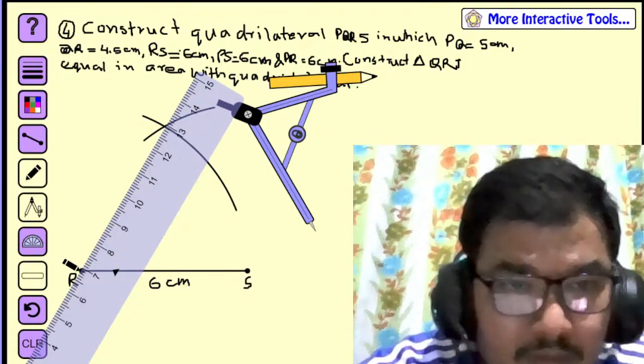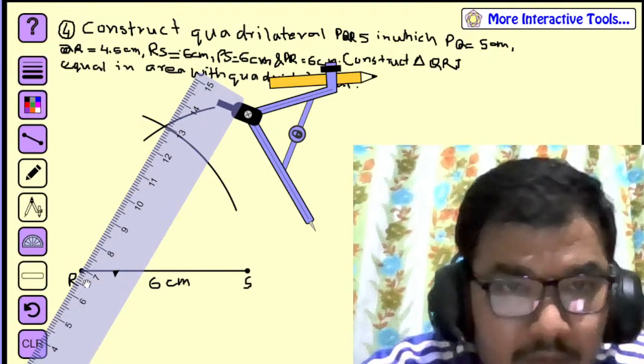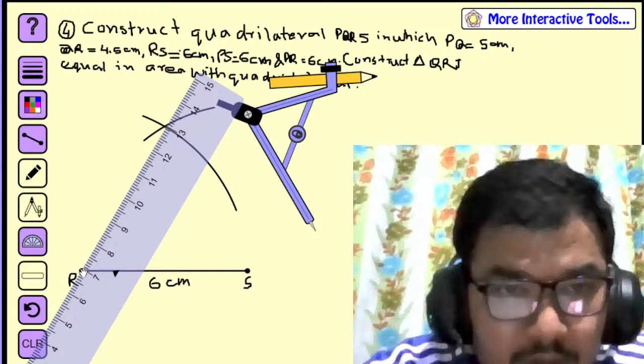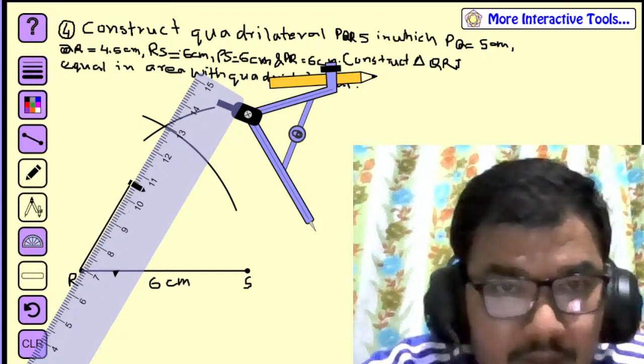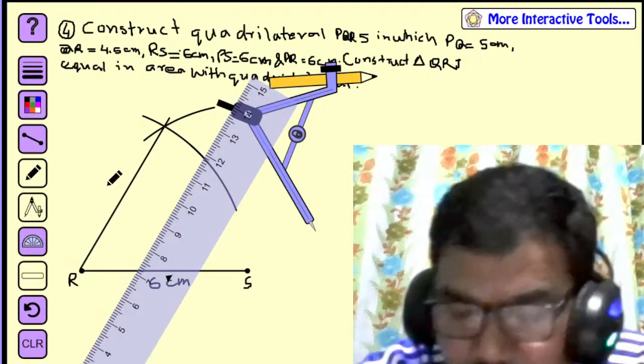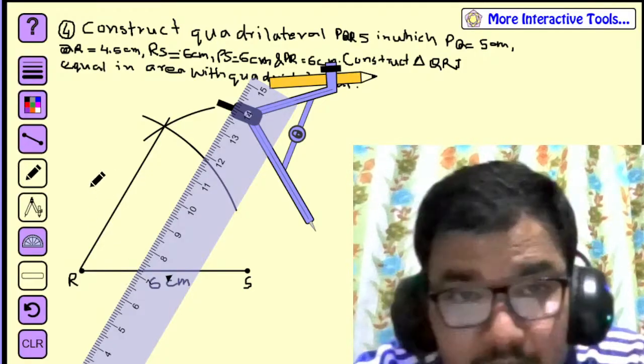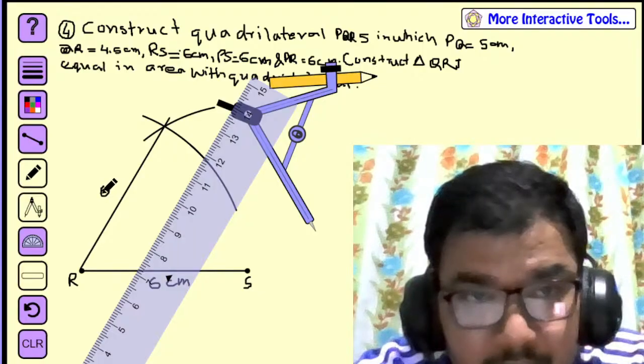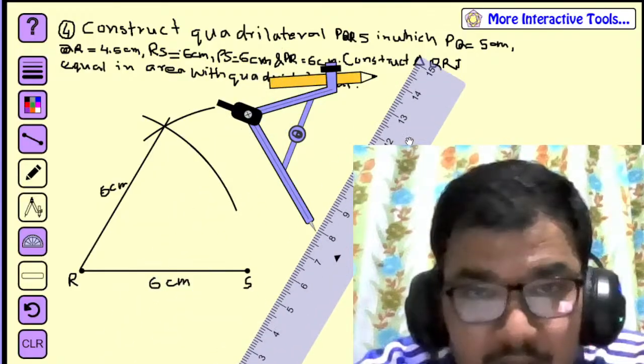And now join it. This side was 6 centimeter, you can mention here 6 centimeter.